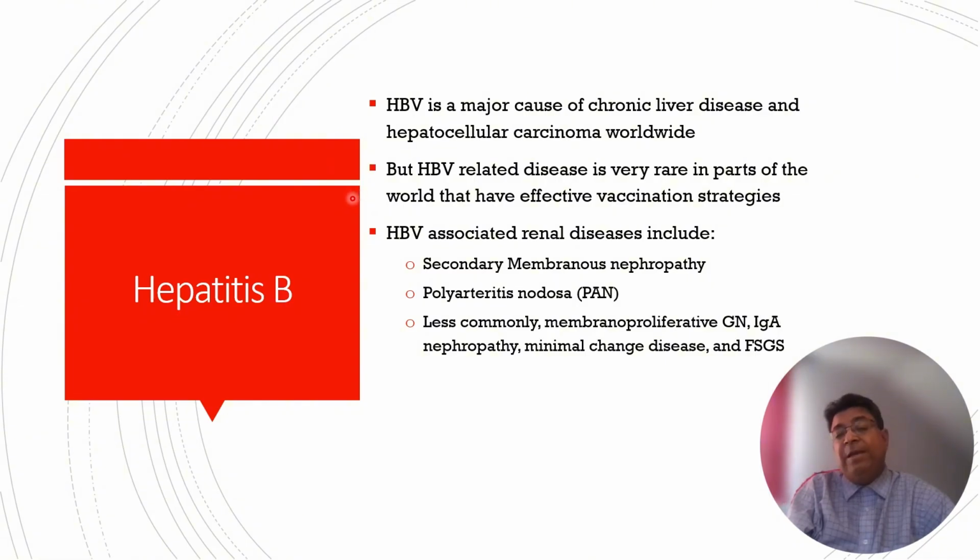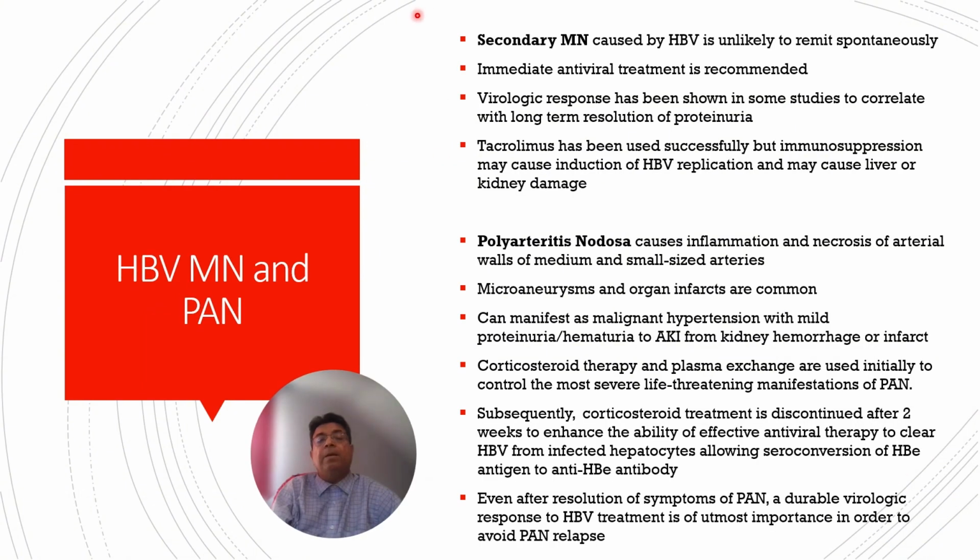Hepatitis B virus-associated renal diseases include secondary membranous nephropathy, polyarteritis nodosa, and less commonly MPGN, IgA nephropathy, minimal change disease, and FSGS. Unlike primary membranous nephropathy, secondary membranous nephropathy caused by hepatitis B is unlikely to remit spontaneously. Immediate antiviral treatment is recommended.